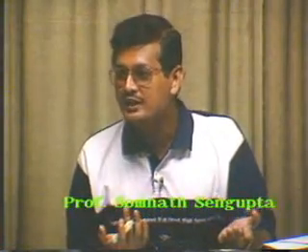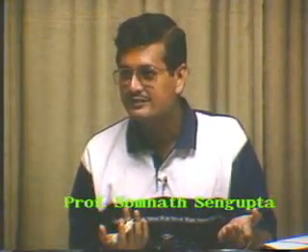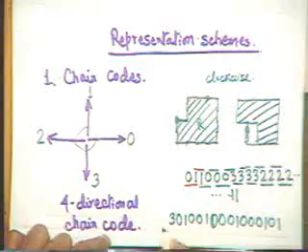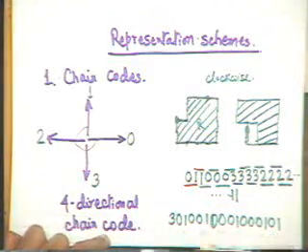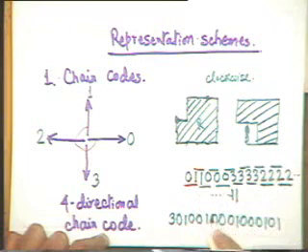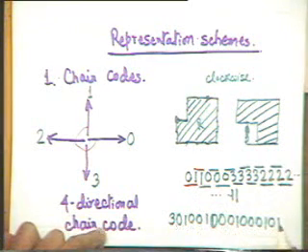It is becoming invariant to rotation, it is becoming invariant to the starting point. Is that clear? This is the chain code that we get. Now, obviously this chain code is not the original chain code, but it is the first directional chain code.